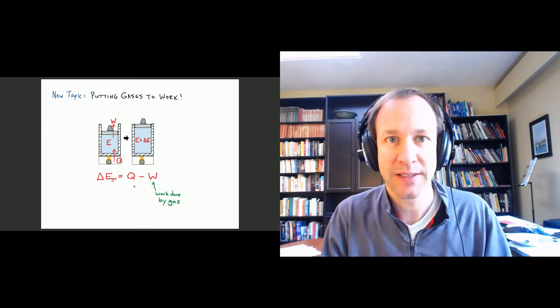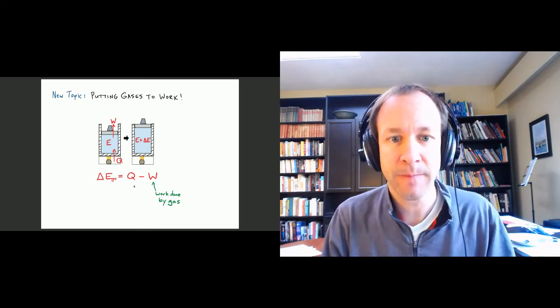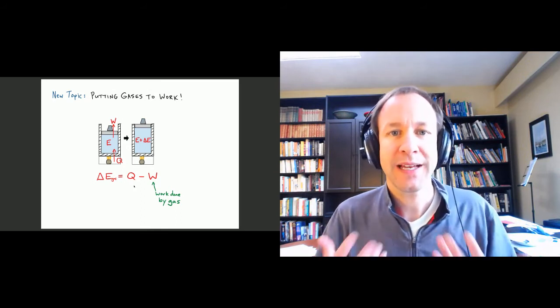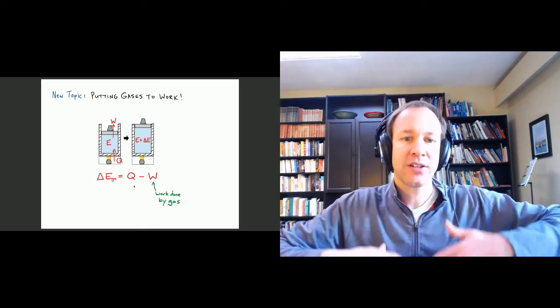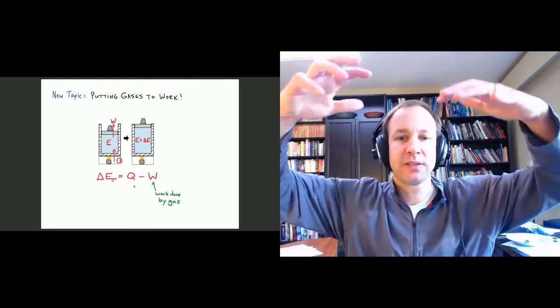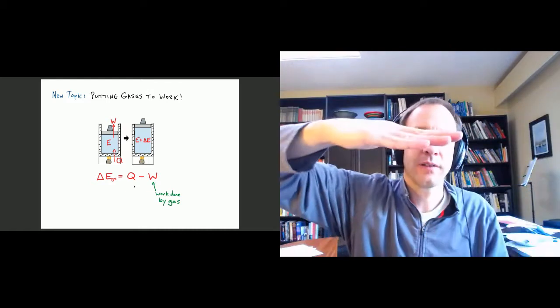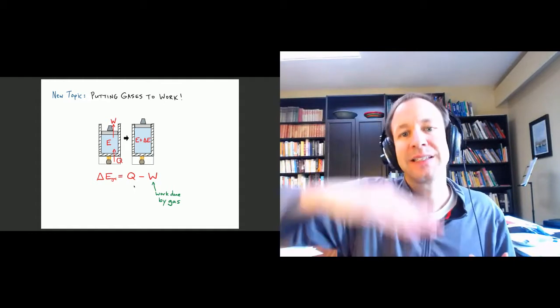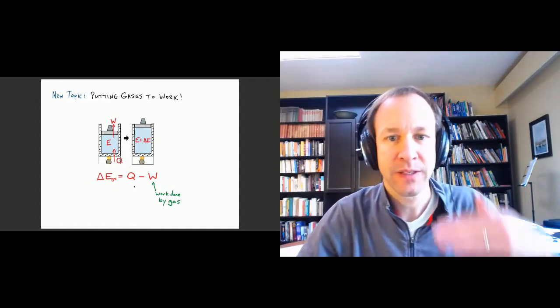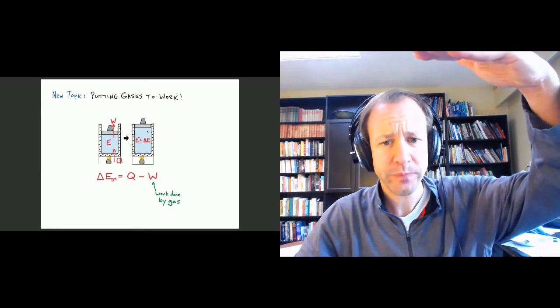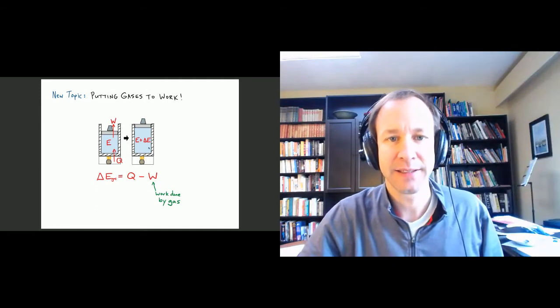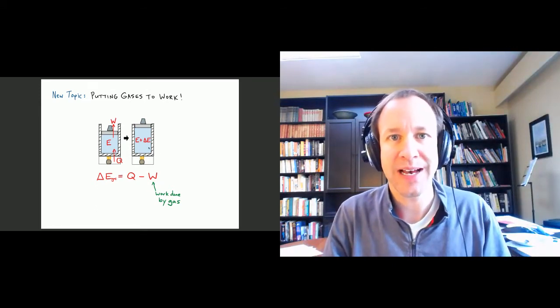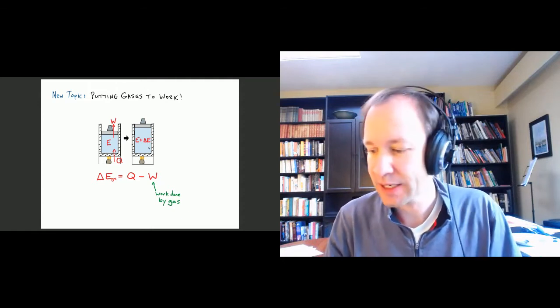We talked about that in the context of the ideal gas thermometer. But what that can do is actually lift objects. If you allow part of your container to be movable, then that increase in pressure can actually lift a weight up to a higher height, and so we can use that for various technological applications.